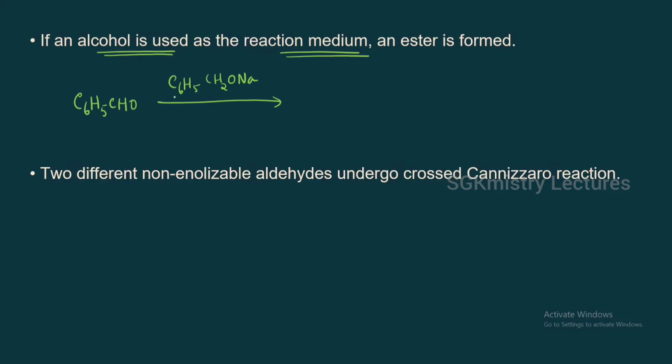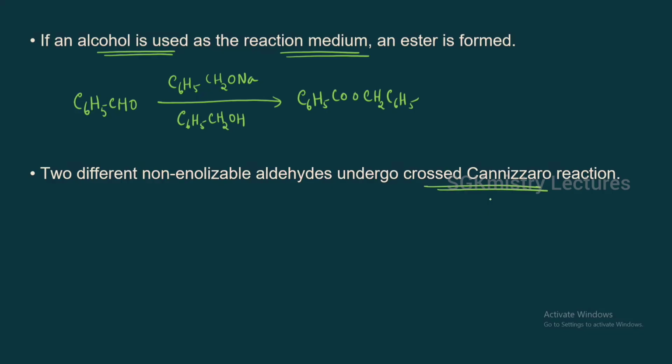So where you're going to use the alkoxide ion. In the presence of the corresponding alcohol, C6H5CH2OH, you're going to get the ester, that is C6H5COOCH2C6H5.